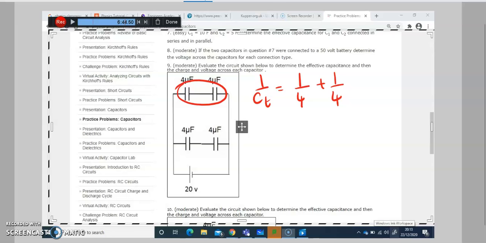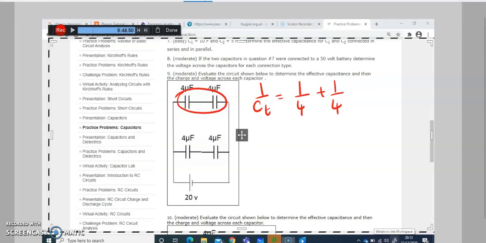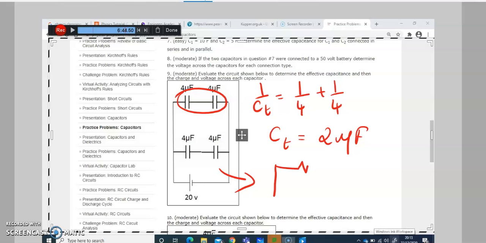And you get your answer as C total as 2 microfarad. Okay, so when you draw this into a new circuit, it's going to look like this. It's just going to be one equivalent capacitor, which is 2 microfarad.